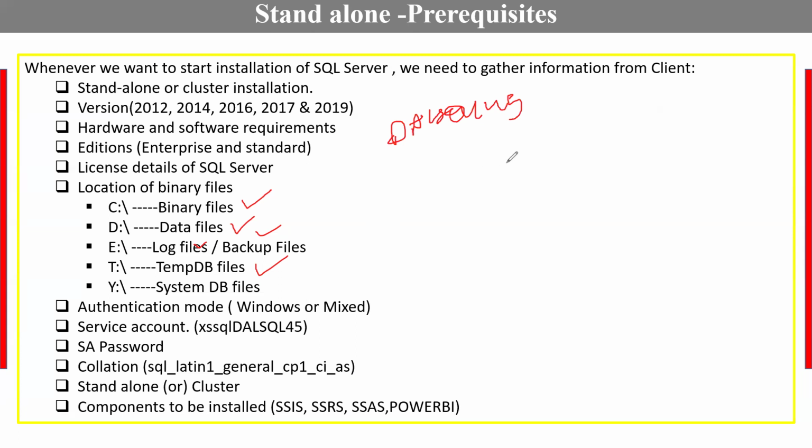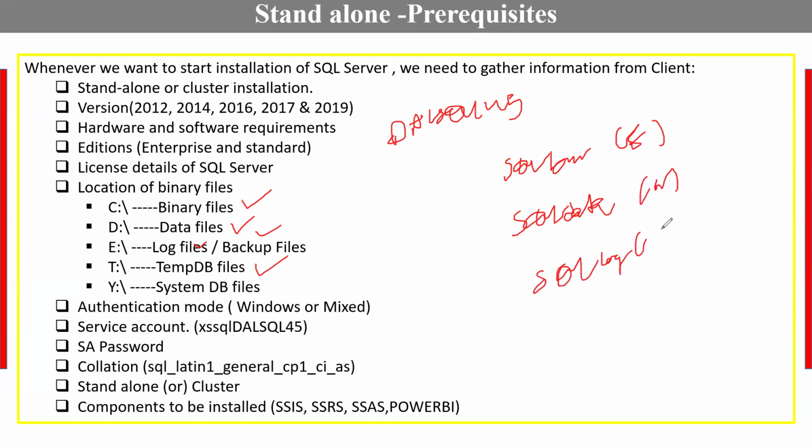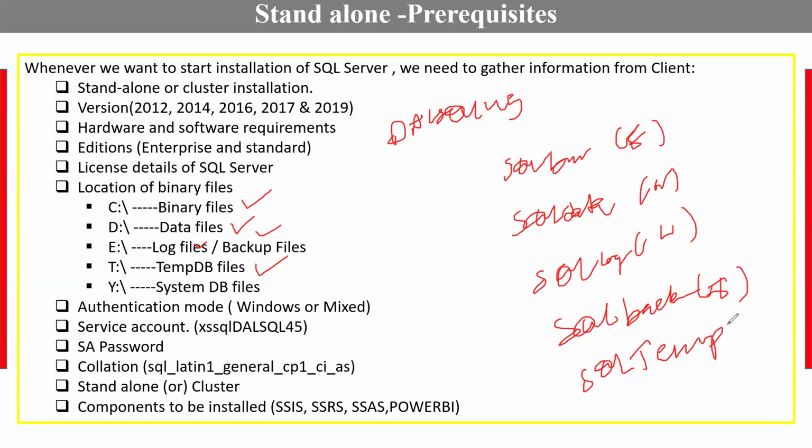So I will create SQL bin on the E drive, SQL data on the G drive, SQL log on the L drive, SQL backups, for example, on the J drive, and SQL tempdb on the T drive.